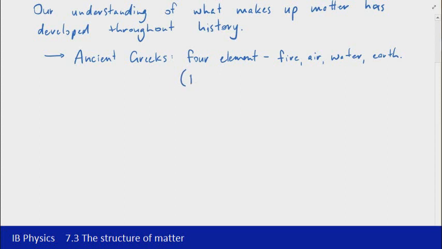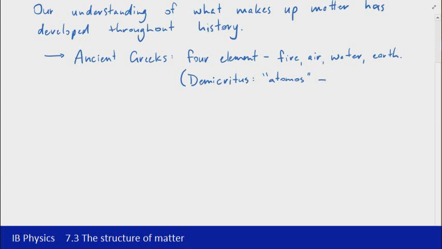Just as a side note here too, though, there was a philosopher whose name was Democritus. He thought a little bit more carefully about matter and thought, well, if I take a lump of clay and cut it in half, then I'll have 2 smaller lumps of clay.